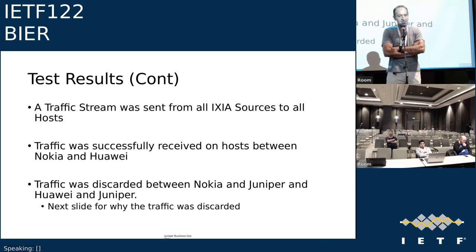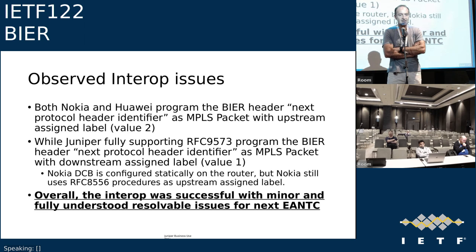So yeah, I already explained this. You can read it at your leisure. As I said, the interop issue is really the next protocol. Again, Nokia is still using RFC 8556, and I explained the implementation. But the question in my head that I still haven't been able to answer is, why is it that in the BIER RFC we really have two protocols for the MPLS next header, upstream assigned and downstream assigned?